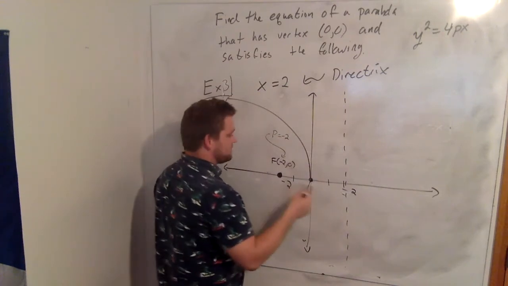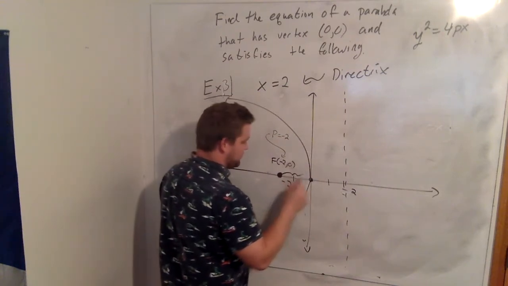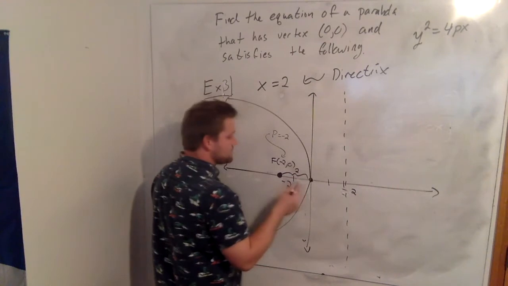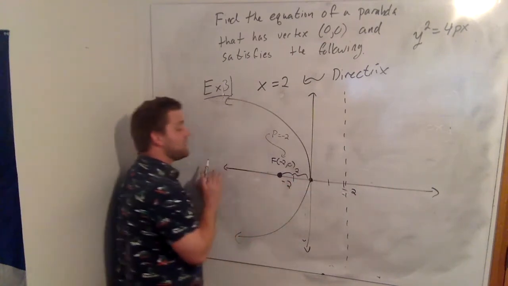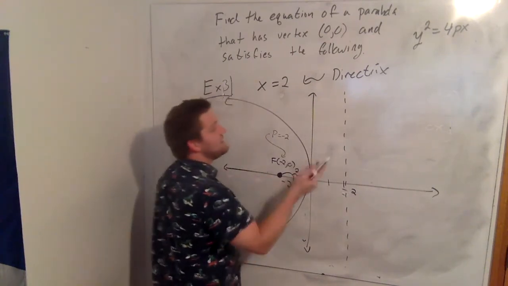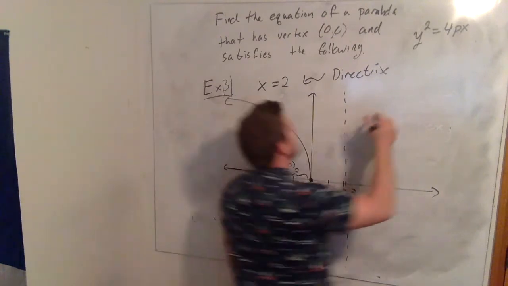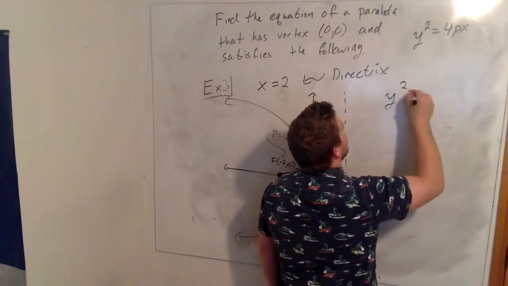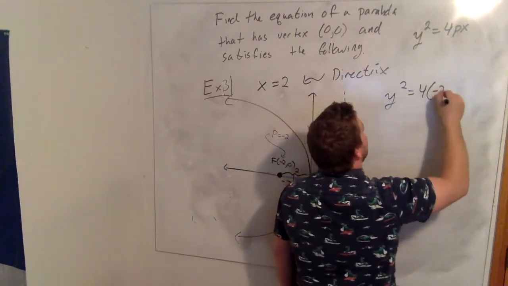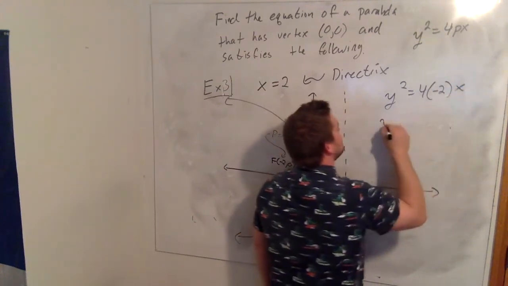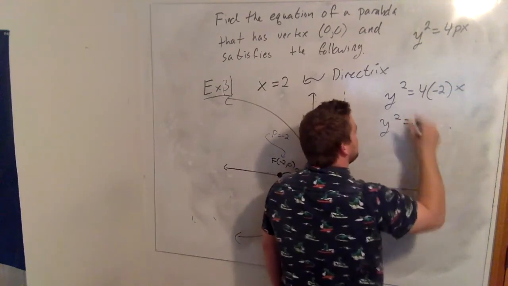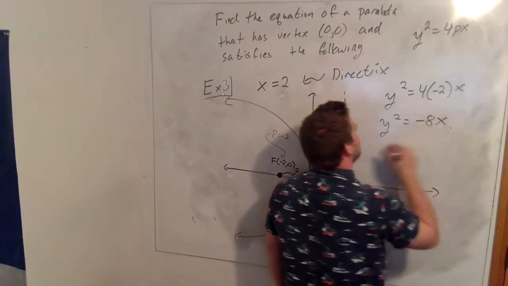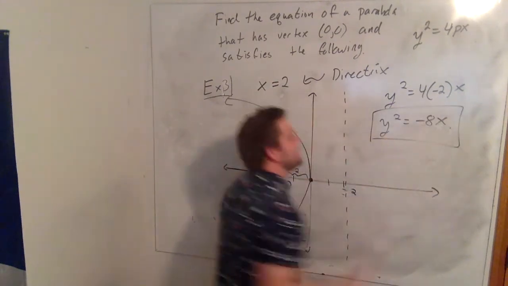Or you could think that the distance from here to here is 2, and since the focus is to the left of the directrix, we'll write -2 for our p. So we'll have that y squared is going to be equal to 4 times negative 2 times x. So y squared will be equal to negative 8x. And there we have it.